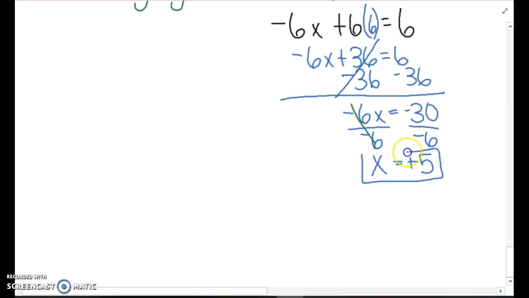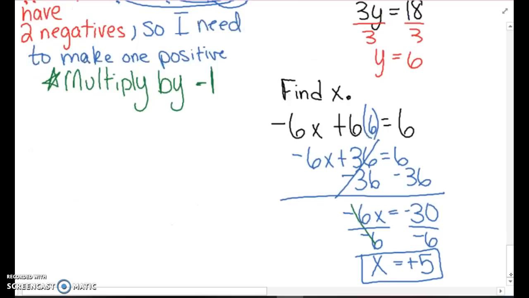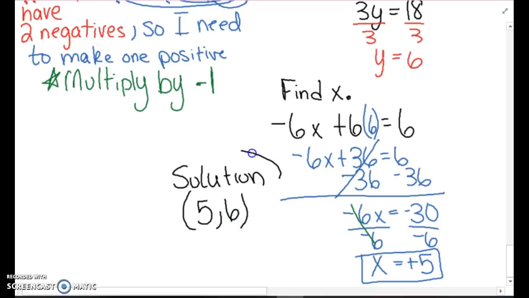So x is 5 and my y is 6. So your solution is x is 5 and your y is 6. So that is the solution to the system.